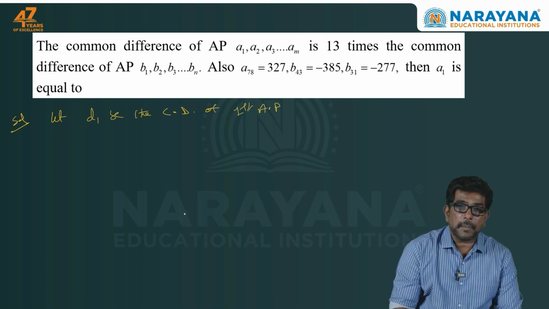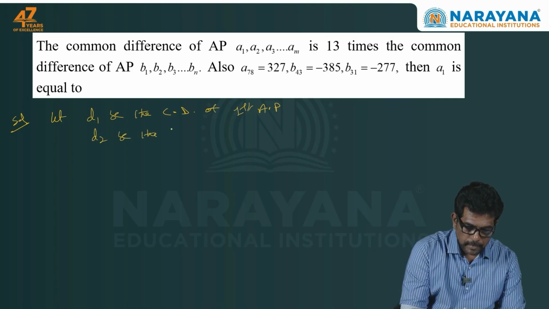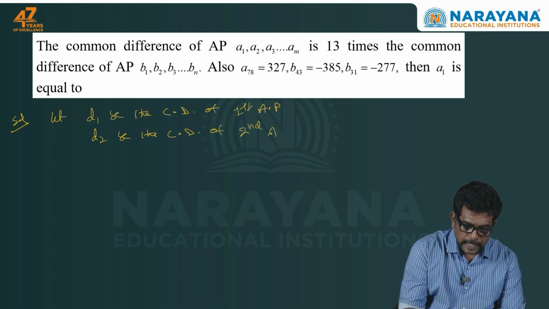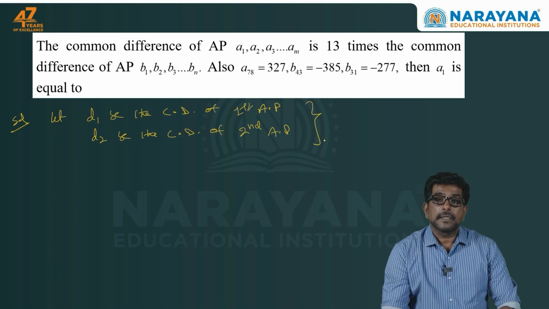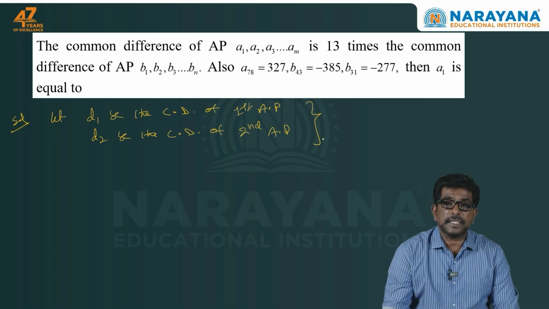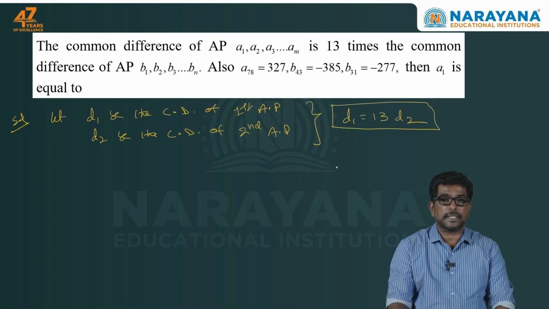Let D1 be the common difference of the first AP and D2 be the common difference of the second AP. Then the relation between these two is given: D1 is equal to 13 times D2.